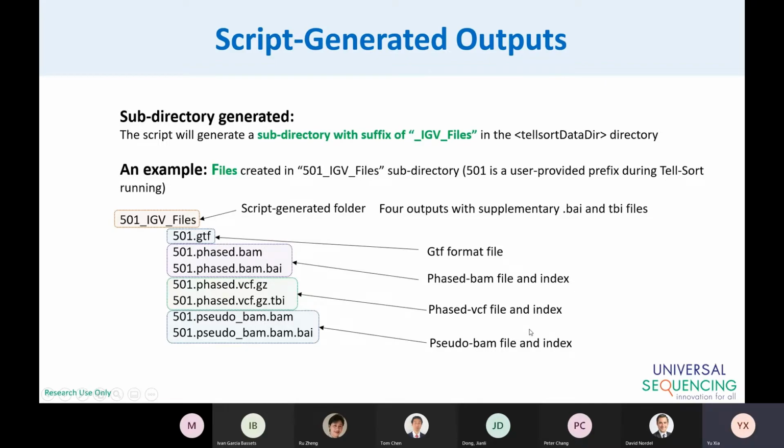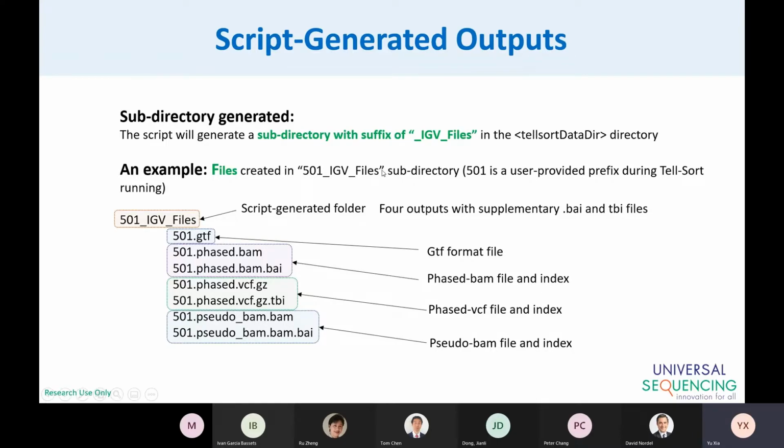Now, I assume we already successfully ran that Perl script. If so, under the tail sort directory you provided to the Perl script, you will have a subdirectory with the suffix _IGV_files.